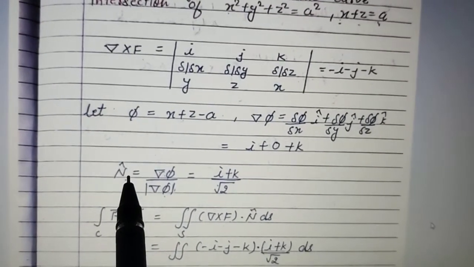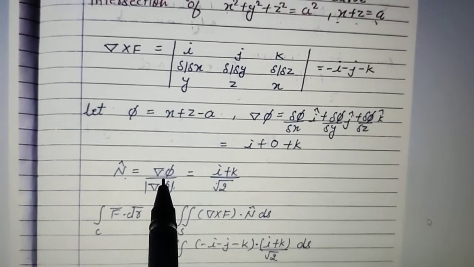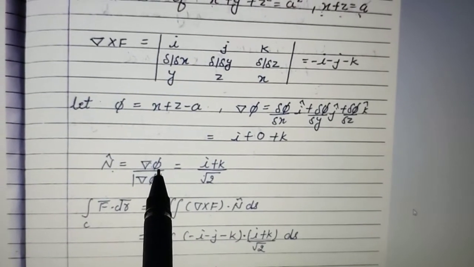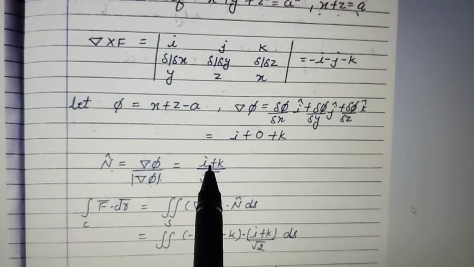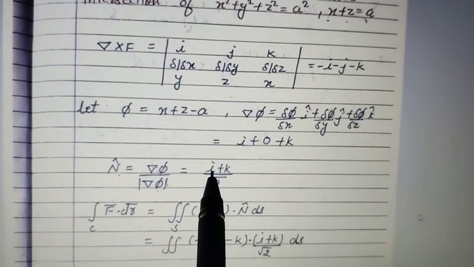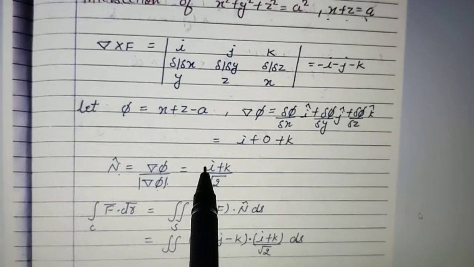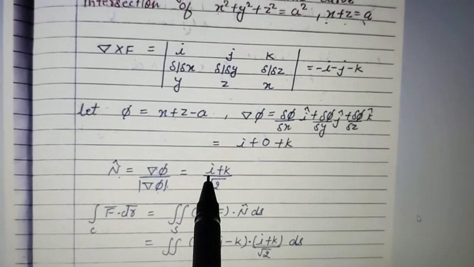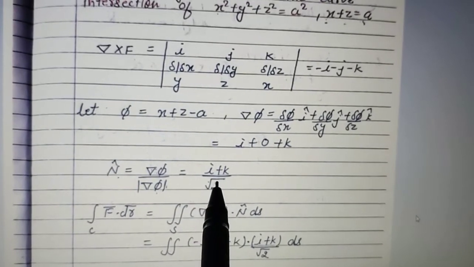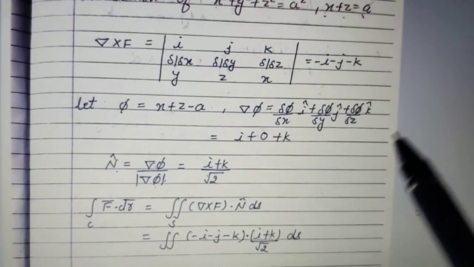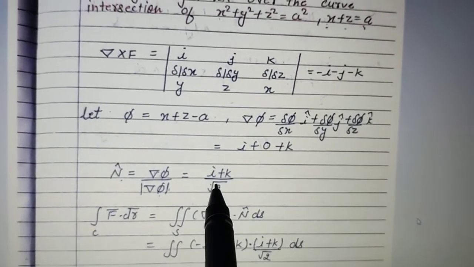So gradient of phi is i plus k, and the modulus of gradient of phi is root 2: the coefficient of i cap is 1, the coefficient of k cap is 1, 1 square plus 1 square, 1 plus 1, under root 2. So this is the value of n cap.